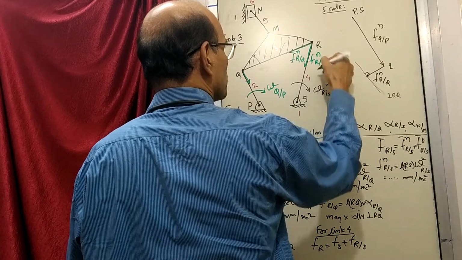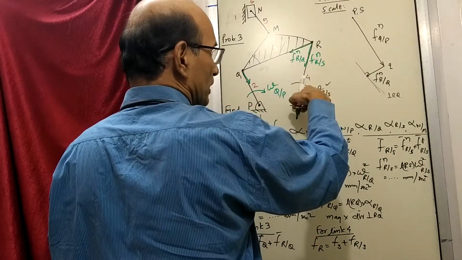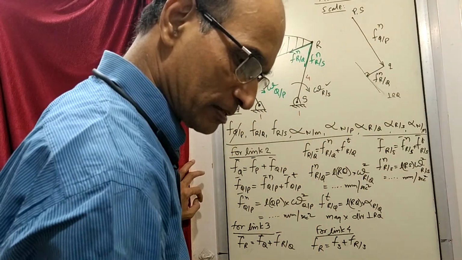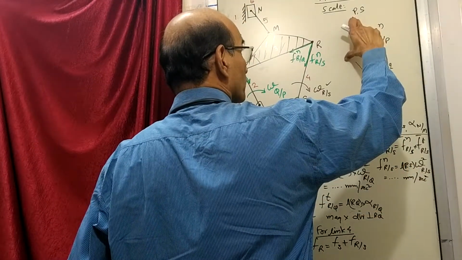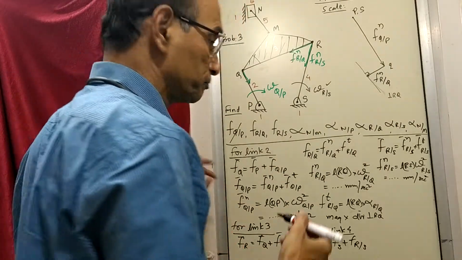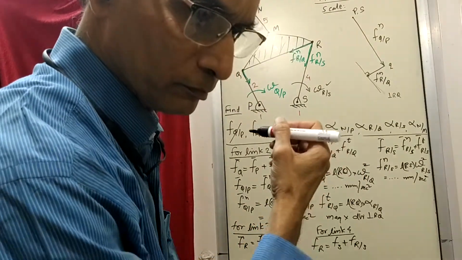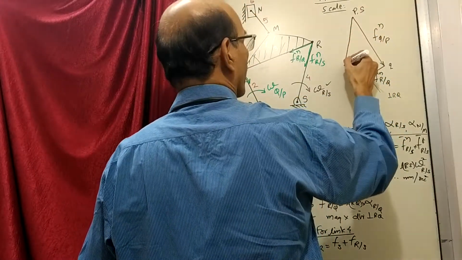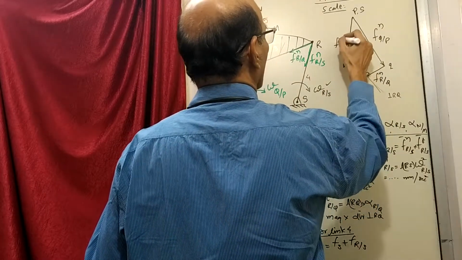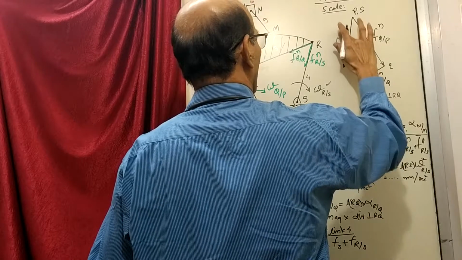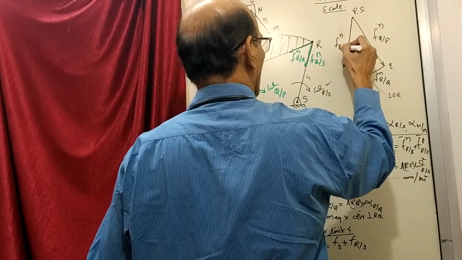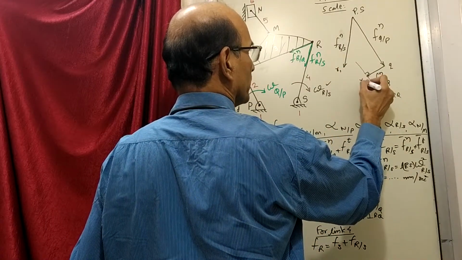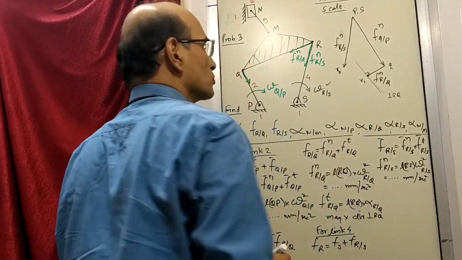F normal of R with respect to S is from capital R to capital S in the linkage diagram, and here it will be from S to R. So it will start from S. So this vector we draw starting from S, and then it will end here, and this is going to be your R, but this is intermediate R. Even this is also intermediate R, not final. So this is R1, this is R2.